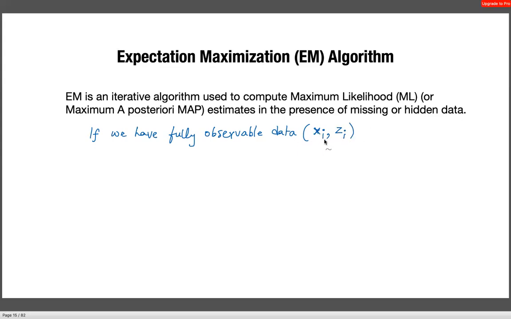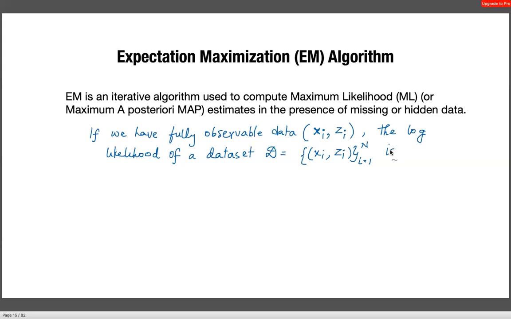If you have fully observable data, meaning that for all i you have some training set of size n, and you have samples x_i and z_i, where i goes from 1 to n.